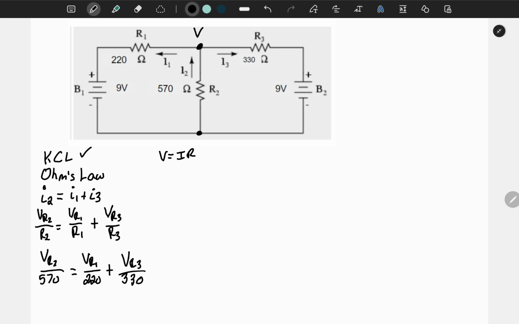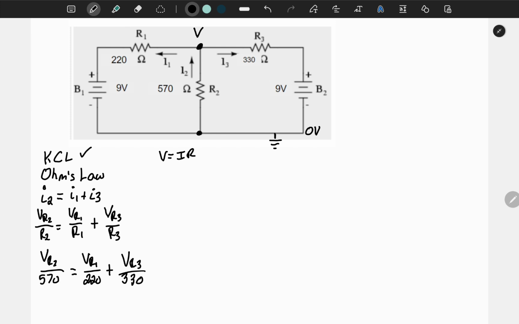So right over here is another node. A good rule of thumb is that any node connected to the negative terminal of a battery is considered ground, meaning 0 volts. So this whole bottom node we can assume to be 0 volts.